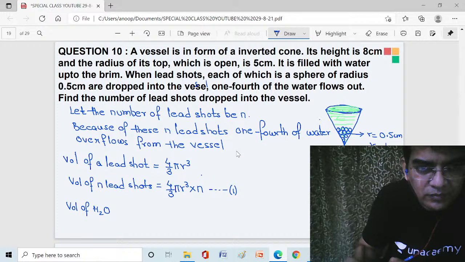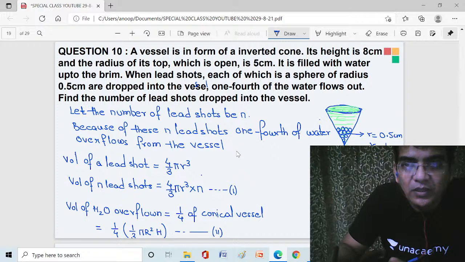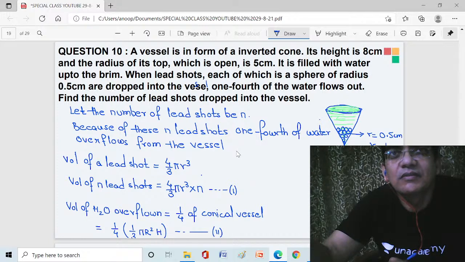So we can write it like this: 1/4 and then conical vessel volume. So formula is 1/3 pi r square h. This will make it equation number 2. Now we have to equate these two.